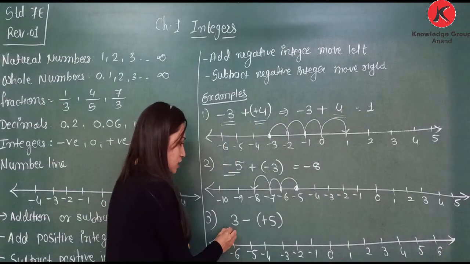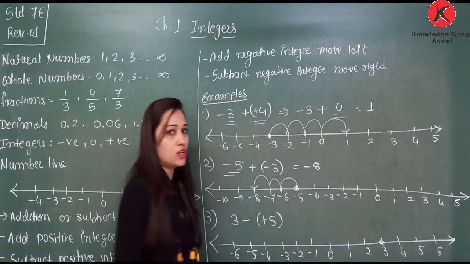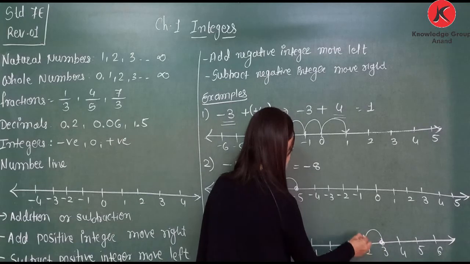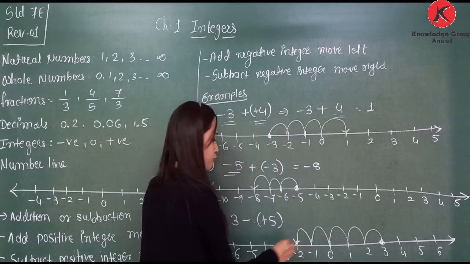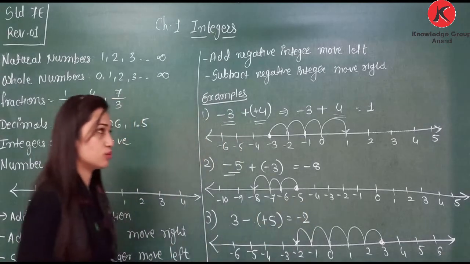Now first locate 3, that is positive, so that will be here. Subtract positive means move left side. So here 1, 2, 3, 4 and 5. 5 steps left, we reach -2, so the answer is -2. Clear?